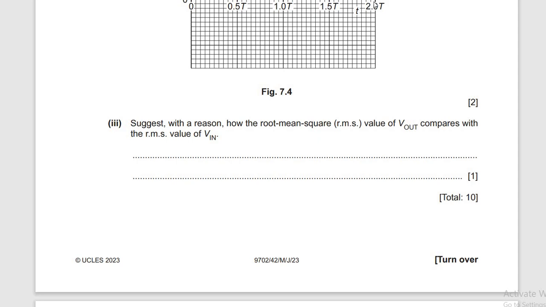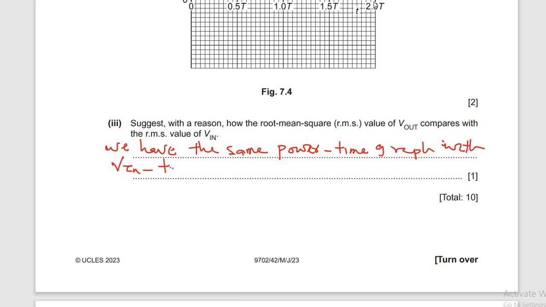What I can see is that we have the same power-time graph. Just give a reason how the root mean square value of V out compares with the same power-time graph with V in.